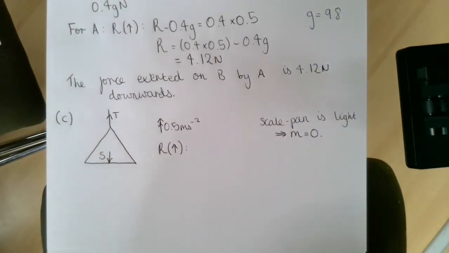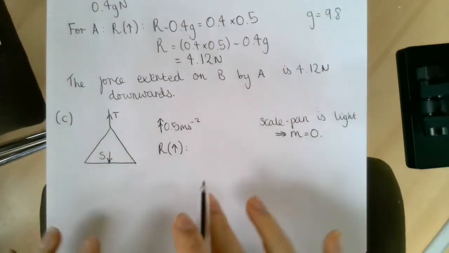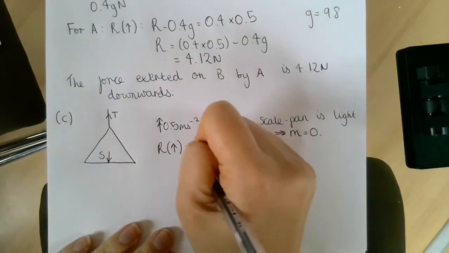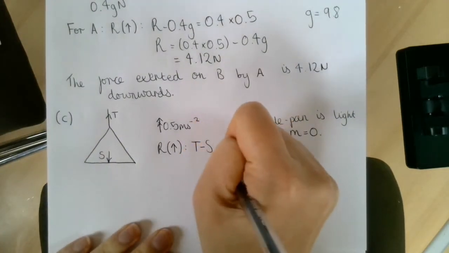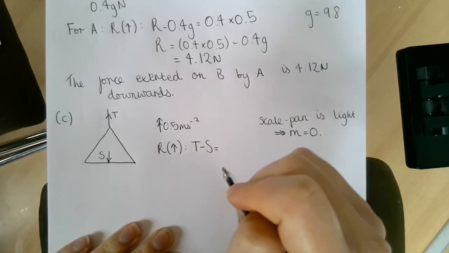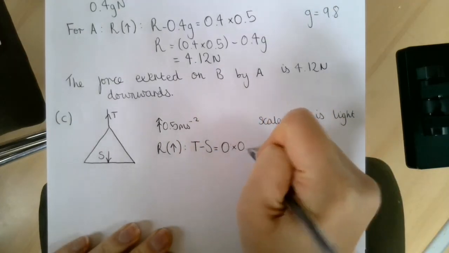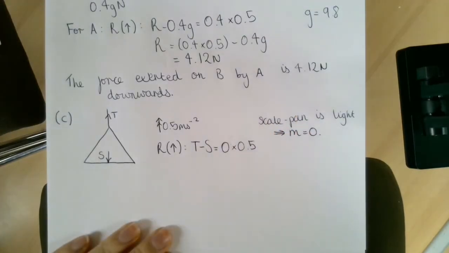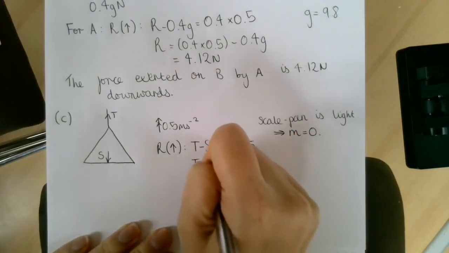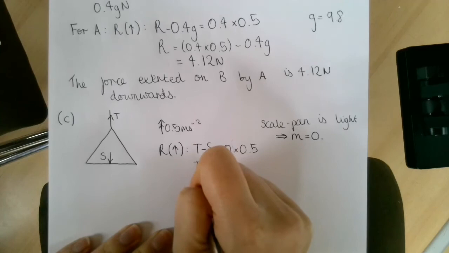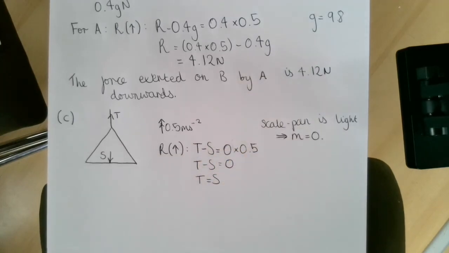So when something is light, we're going to say that the mass of that object is 0. So we're going to resolve upwards. So F, that's T minus S, and that's equal to mass times acceleration. So T subtract S is 0, and T is equal to S.